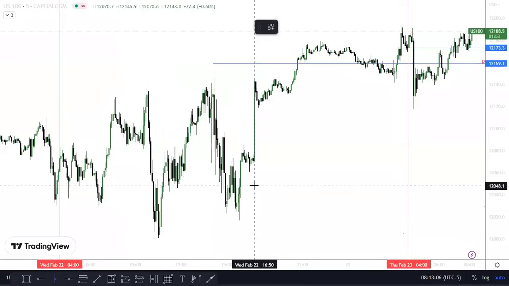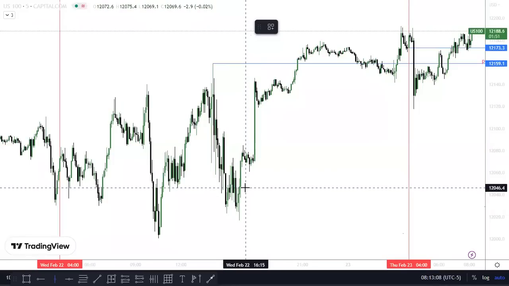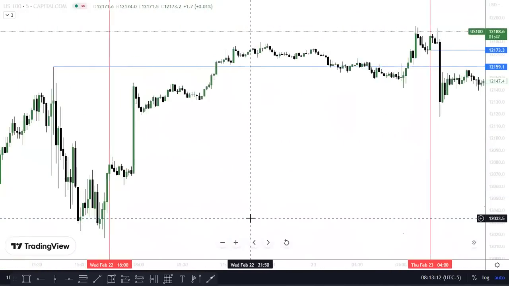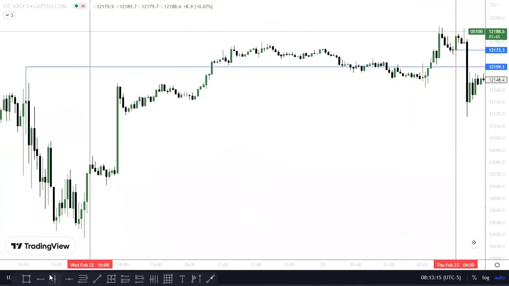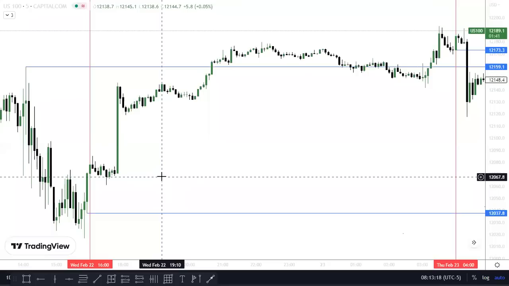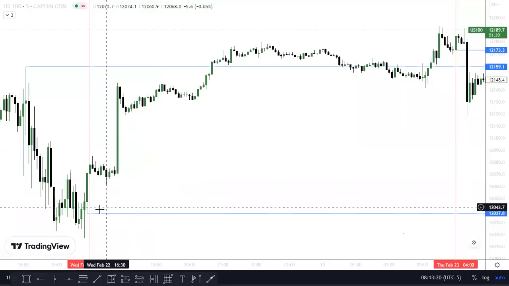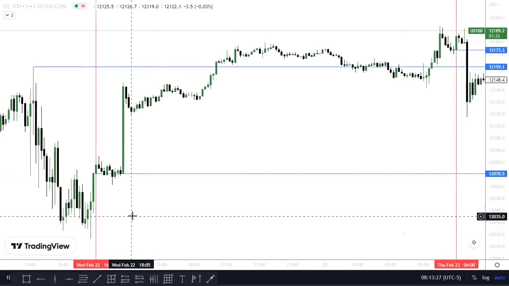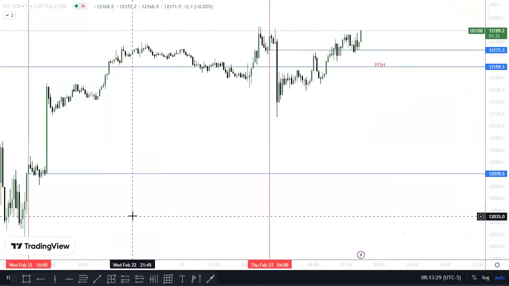Everything below after 4 PM is irrelevant. So now my downside drawn liquidity would be this candle's low. There we go. Low hanging objectives. It's going to tag the open price right there at 4 PM. So this is my day now.